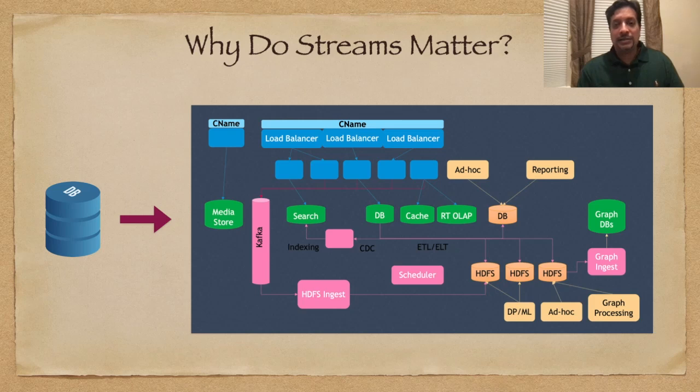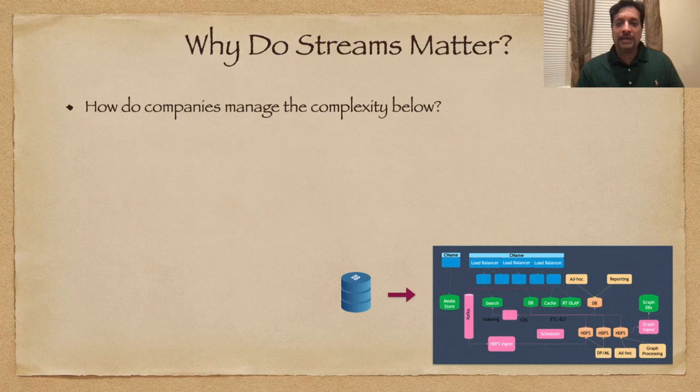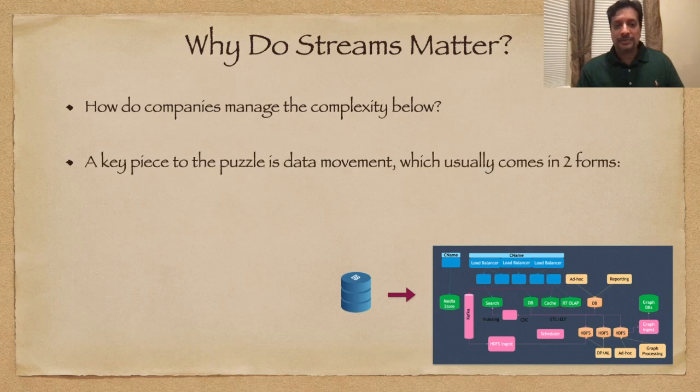It is a collection of point solutions tied together by one or more data movement infrastructure services. So how do companies manage the complexity below? A key piece to the puzzle is data movement, which usually comes in two forms, either batch processing or stream processing.